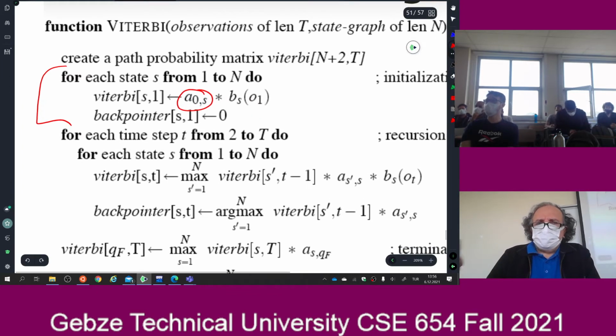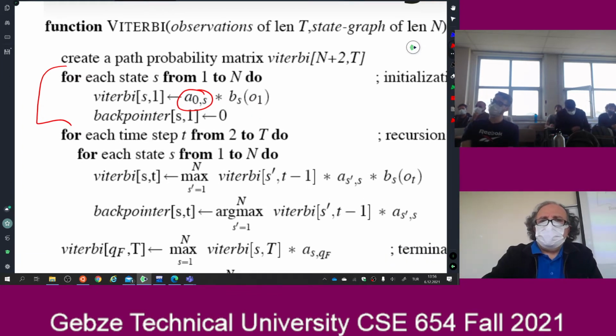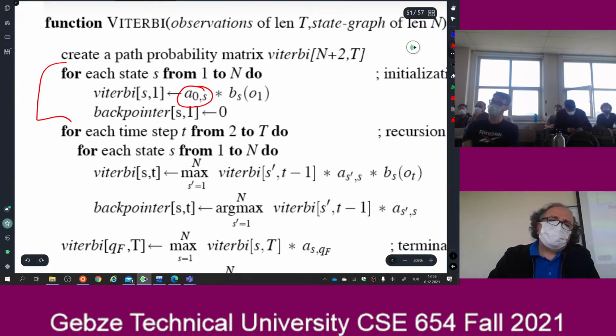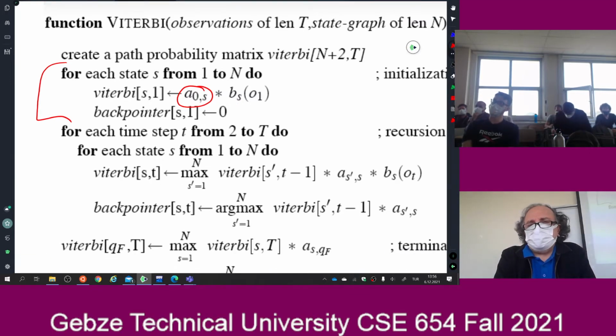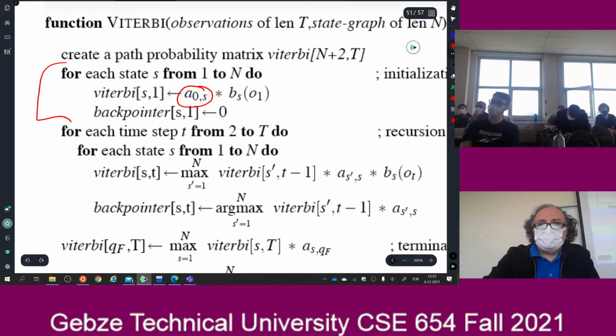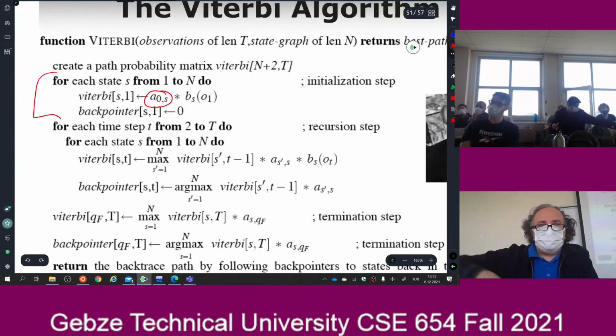O1 is my observation. S is the state. It is the probability of me assigning that tag to this word, observation number 1. So I put them in the first column. Back pointers, I will come to that later.